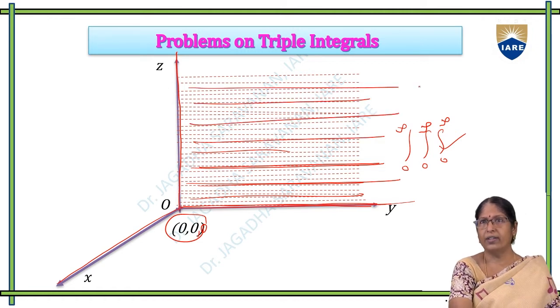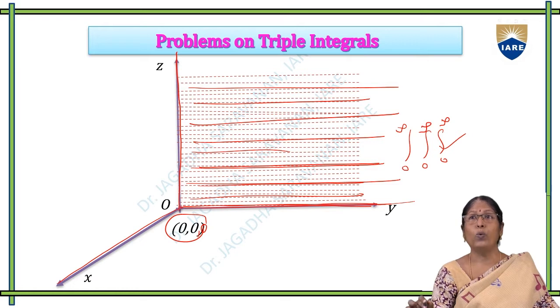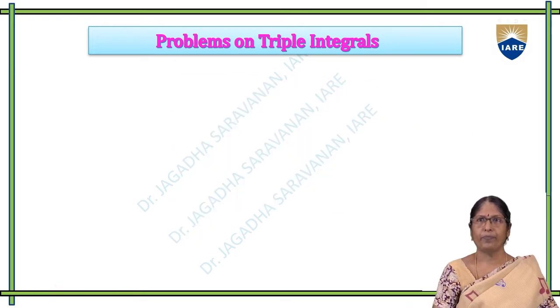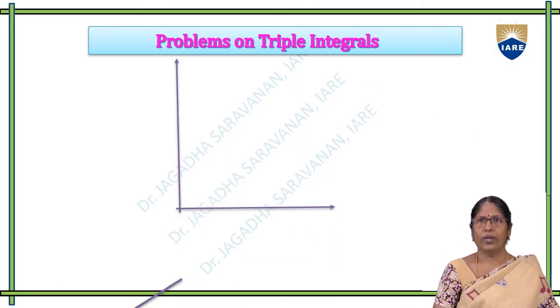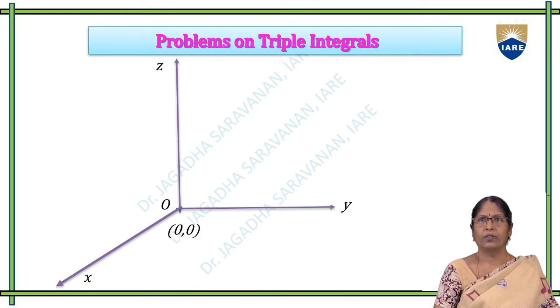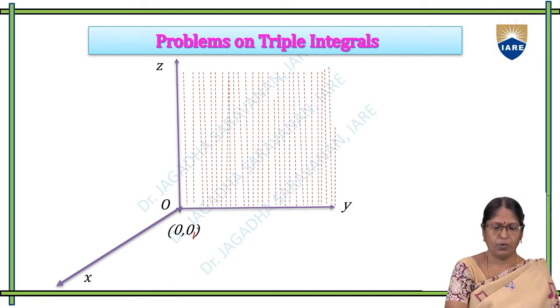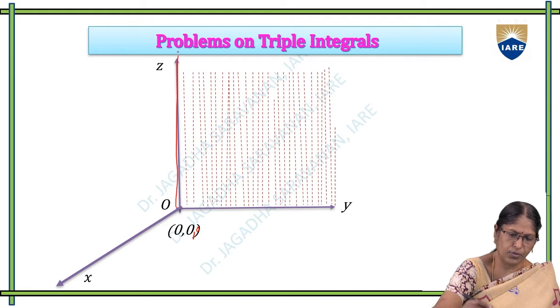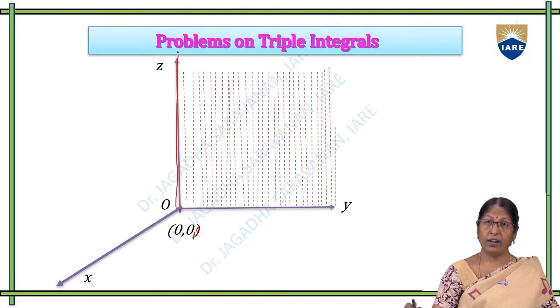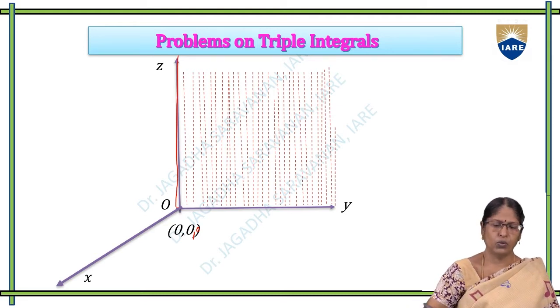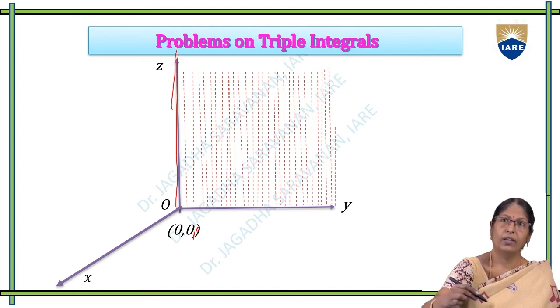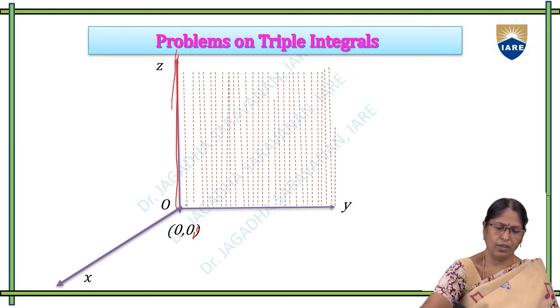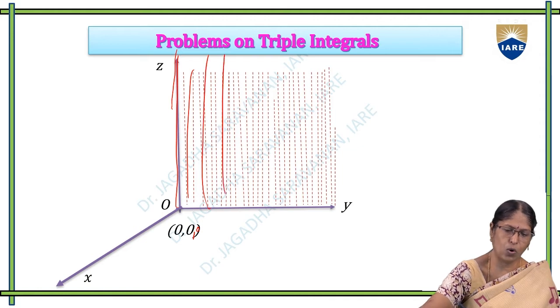That is what the horizontal lines represent. Next, the z limit of 0 to infinity: however long z goes up to infinity, this also extends.